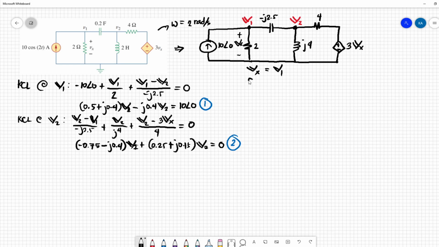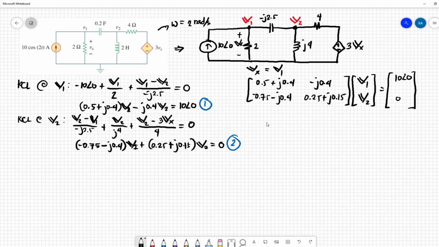So in matrix form, V1 is just equal to delta 1 over delta, and our V2 equal to delta 2 over delta. So our delta is just the determinant of this matrix.